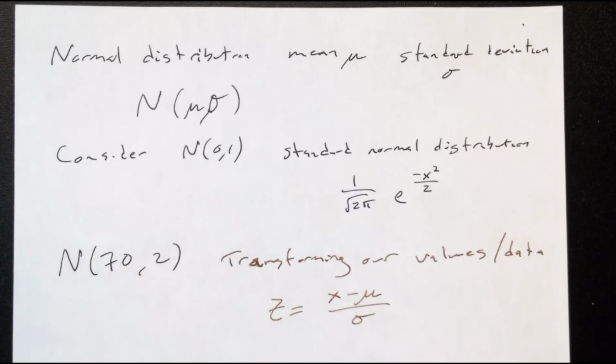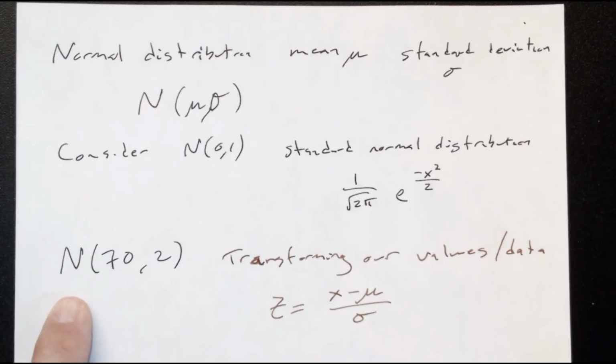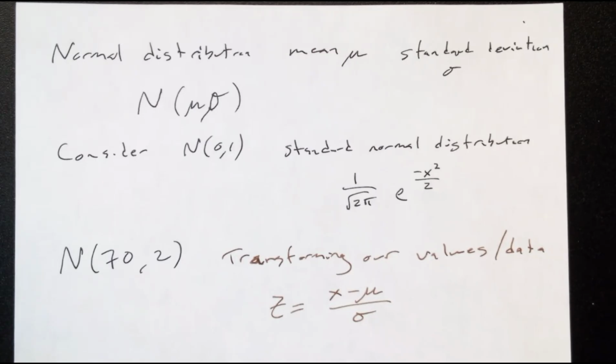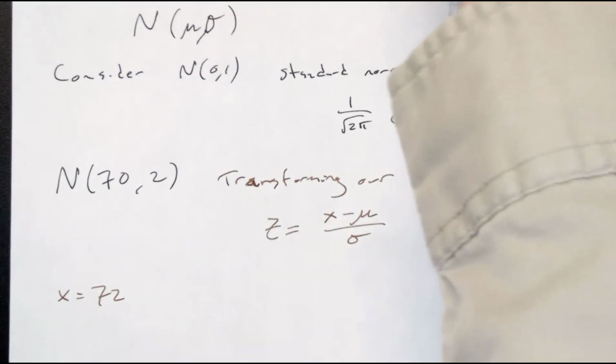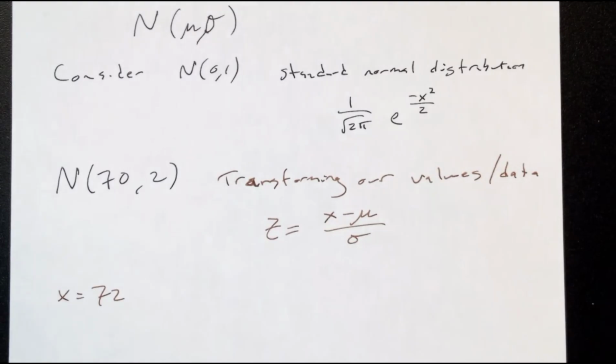Hang on a second. Consider values from this population. I measure someone's height. Let's say this person is 6 foot tall. They are 72 inches tall. Their z-score tells me where they are in the distribution, right?